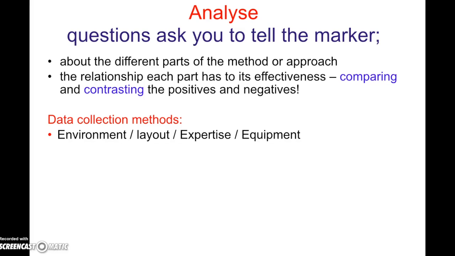There are also certain aspects that you should consider: the environment, layout, expertise, or equipment. When looking at these aspects in relation to methods of data collection or approaches, you must include reference to PARV.